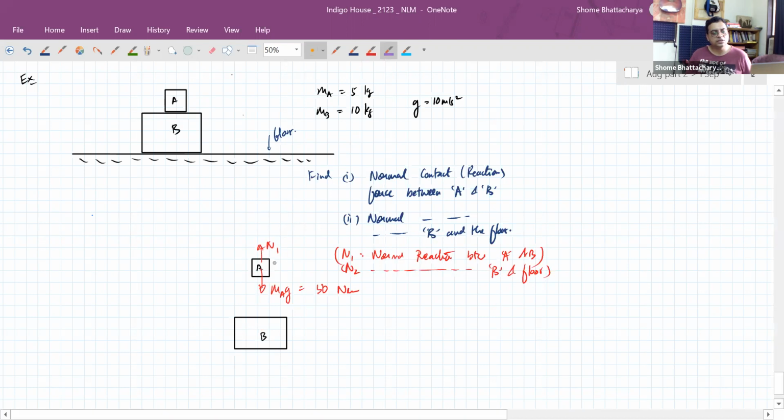Now on B, you can see there is normal reaction that A is applying downward, equal and opposite, then its own weight, which is 100 newtons, and the normal reaction that the floor is applying on it, N2. Now both of these are at rest. The net force on them must be 0.